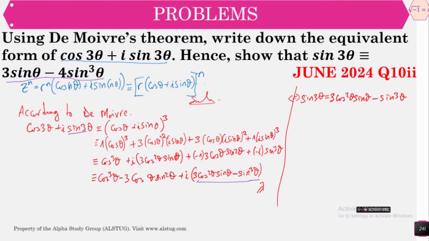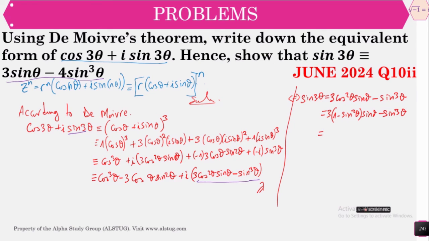Very true, of course, but from trigonometric identities we know that we can write cos squared theta as 1 minus sine squared theta, so we still get sine theta outside minus sine cubed theta.